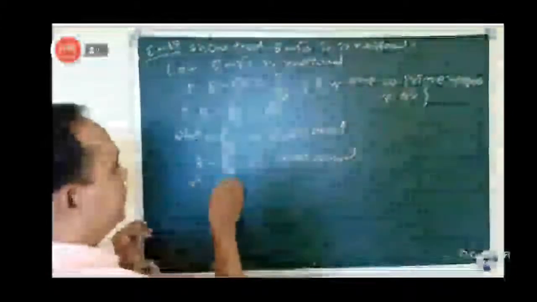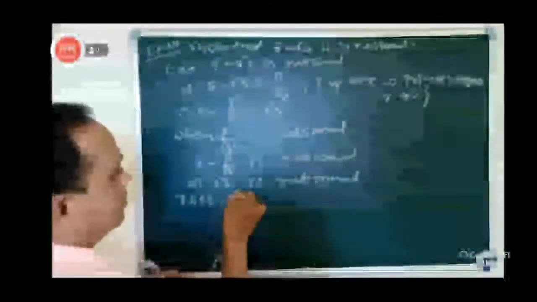So 5 minus p by q is rational. This implies root 3 is rational. But actually root 3 is irrational. So this is a contradiction. So 5 minus root 3 is irrational.